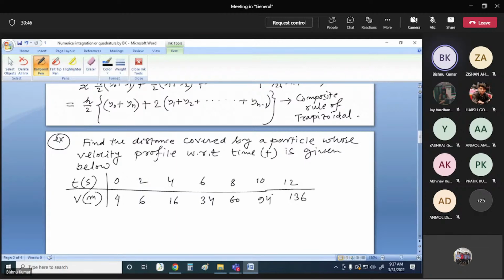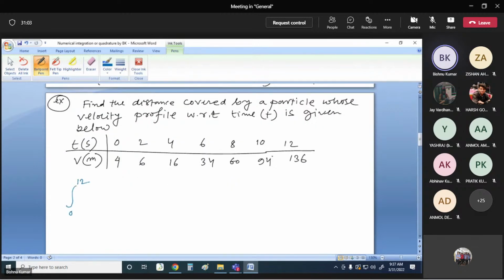Now actually in this question, what you have to do? We have to apply the same method. You have to calculate from 0 to 12 seconds. From the origin up to 12 seconds, you have to integrate the velocity, isn't it? So you just see v is a function of time, but that continuous function is not given to you.